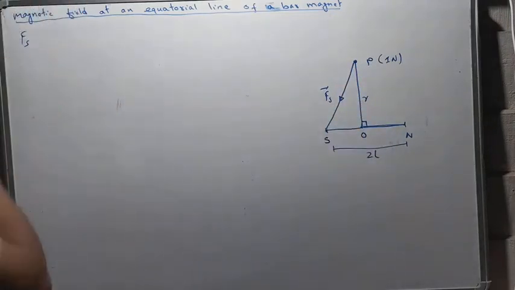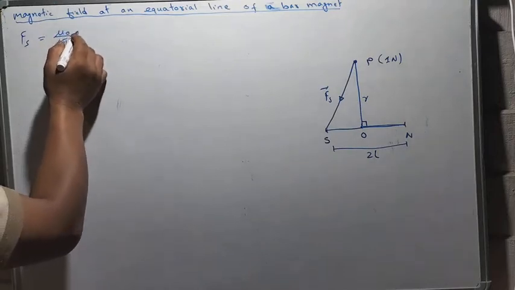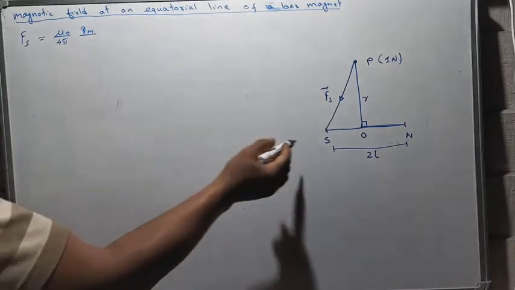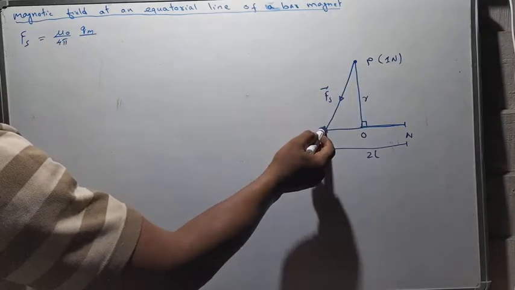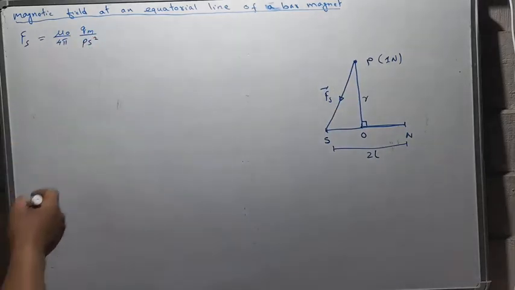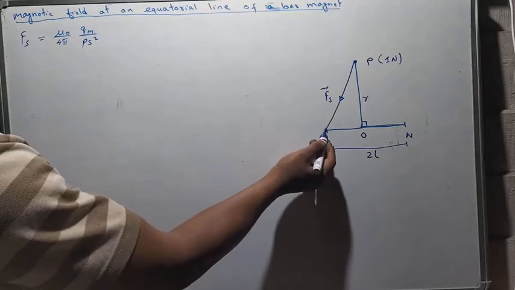Then I will write the magnitude of this force as mu naught upon 4 pi, Qm upon the square of the distance between this point and this point, it is PS square.